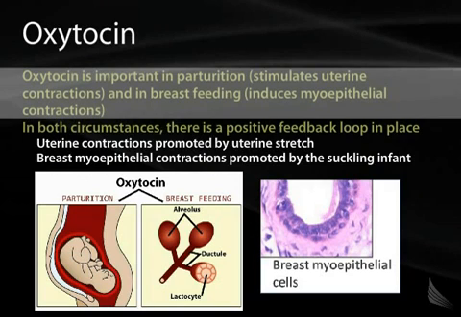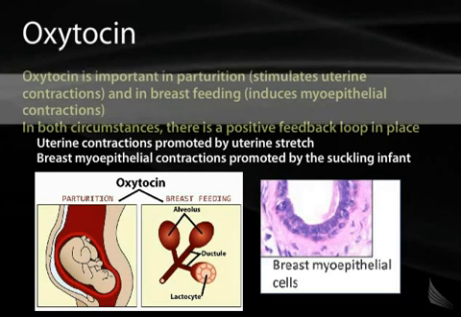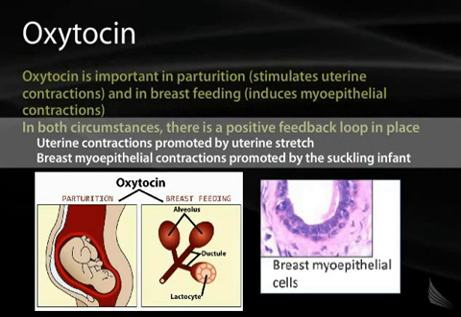And the final hormone in the posterior pituitary would be the hormone that we've already looked at. It's called oxytocin, and this is a hormone that's really important in childbirth or parturition because it is a hormone that is involved in the positive feedback loop for stimulating uterine contractions.